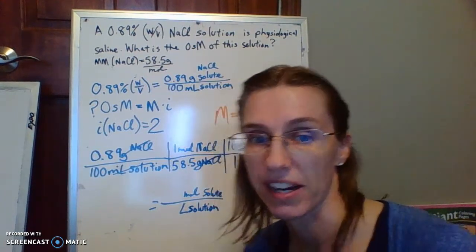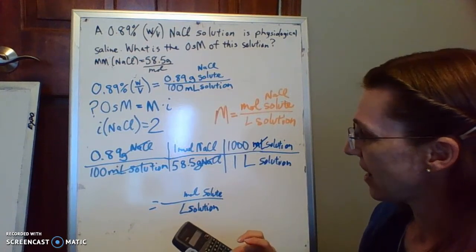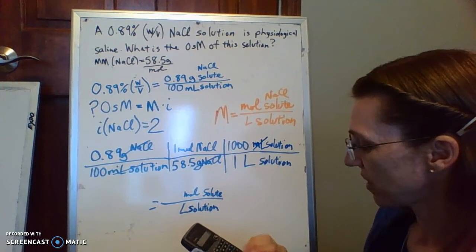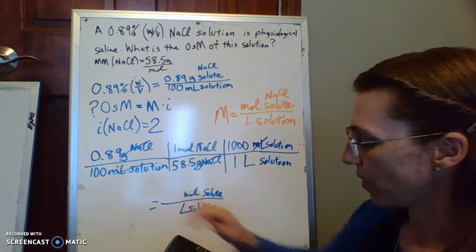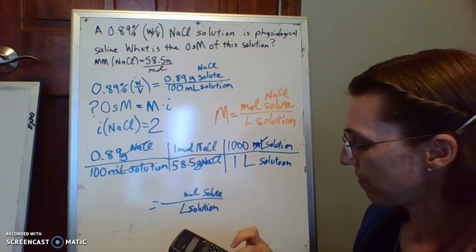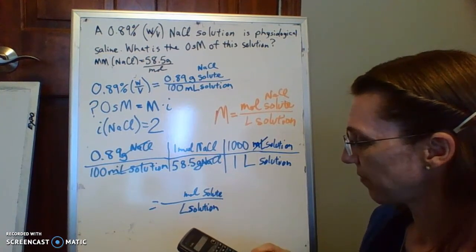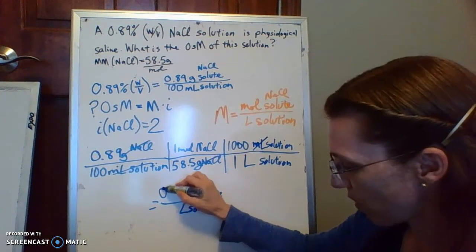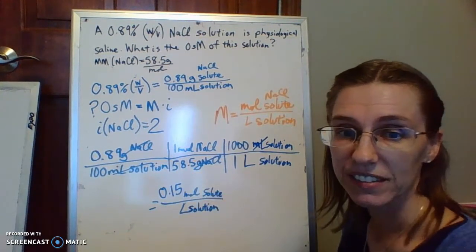Let's go ahead and grab our calculators, and I'll do this with you. 0.89 times 1 times 1,000 divided by 100 divided by 58.5 divided by 1, and we should get 0.15 moles per liter.